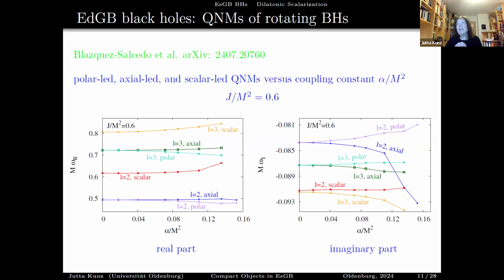One is expecting this for the next generation, 3G, as it's called, third generation. Then one should have sufficient accuracy to really discern the spectrum of the quasi-normal modes of the ring down of the final object, and then extract something to constrain the theory.